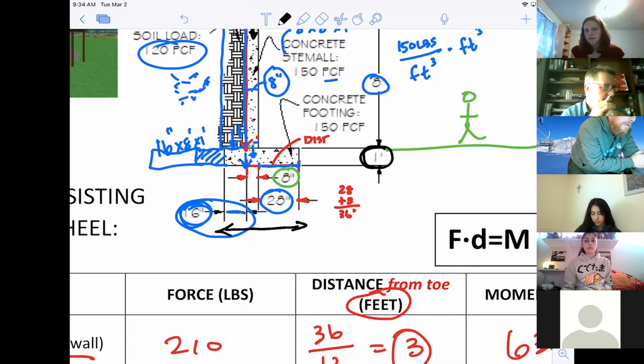No, bigger than that. 52. Because it's 28 and 16 and 8. The 8's in there too. Oh, okay. The dimension lines are hard to read because the numbers are so big, but it's 3 different sizes all added together.